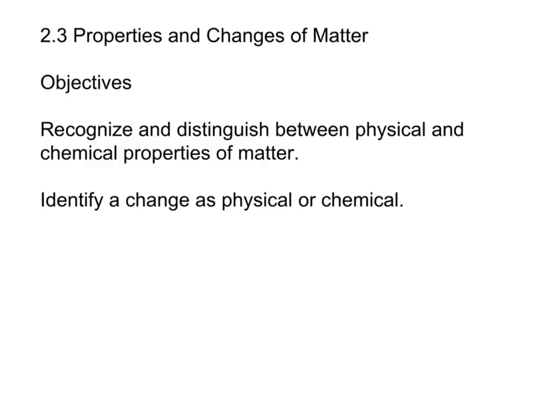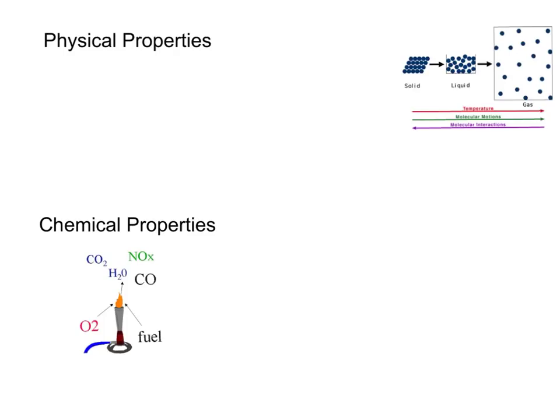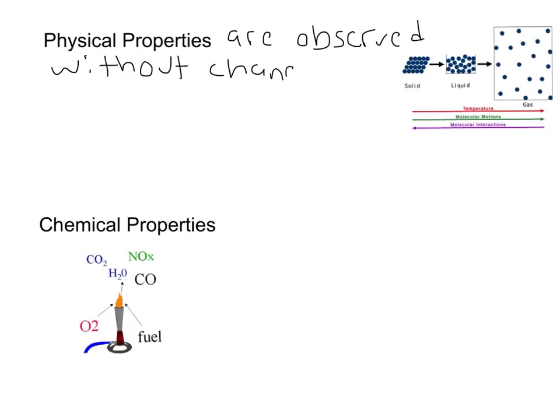So let's get started. We're going to talk about properties. Properties are those characteristics that are measurable or observable. The physical properties are observed without changing the substance. So you still have the same substance at the end as you had at the beginning.